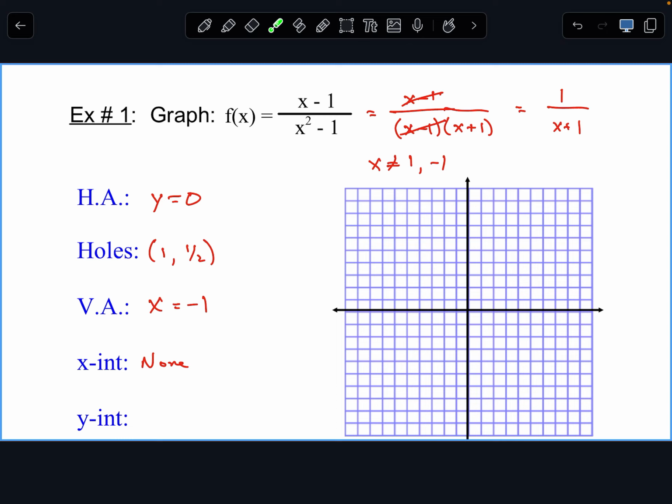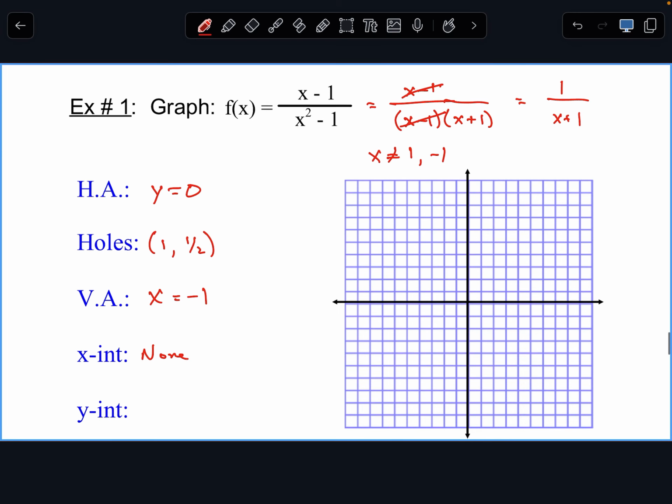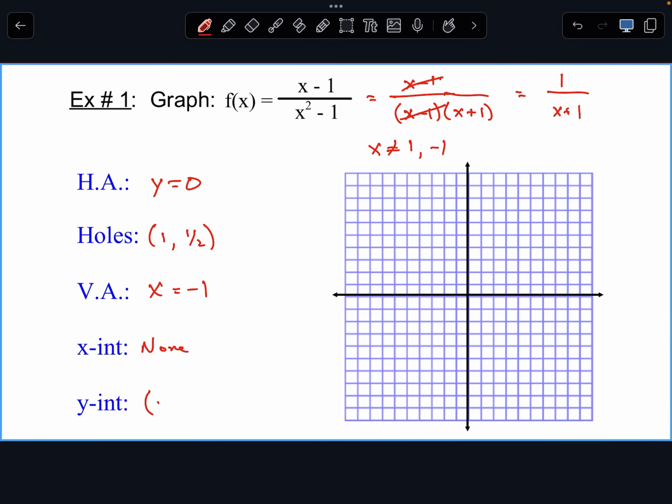You can plug 0 into the ending function, or sometimes it's easier to plug it back into the beginning. Either way, you'll get the same answer. If I plug in 0 for x, we get 1 for y. If you were not here yesterday, that's what we did. We stopped right there, just finding the information to set up today.